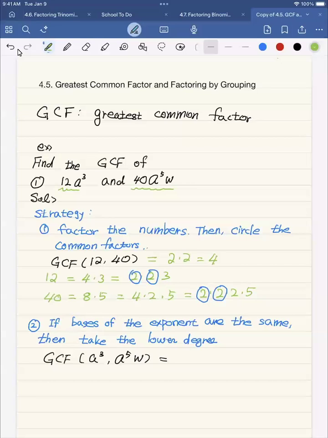If numbers are bigger, then we have to set up the strategy, which will be very similar to how we work out GCF of a cubed and a to the fifth power times w.